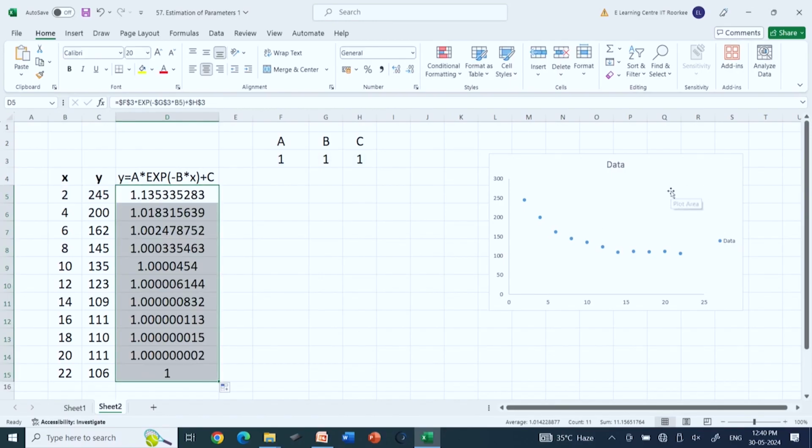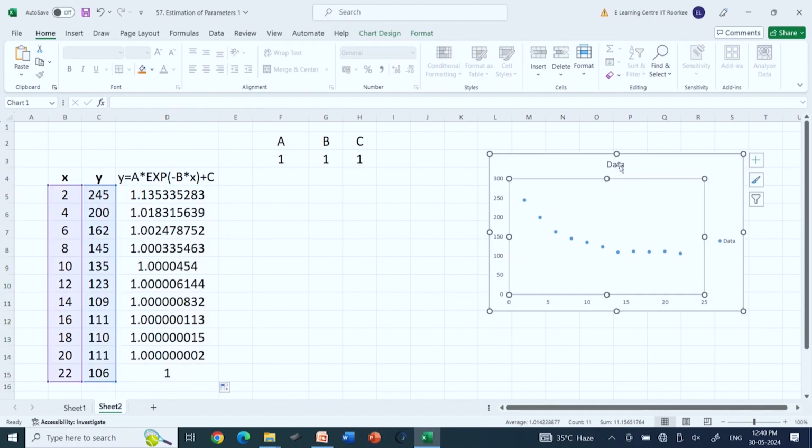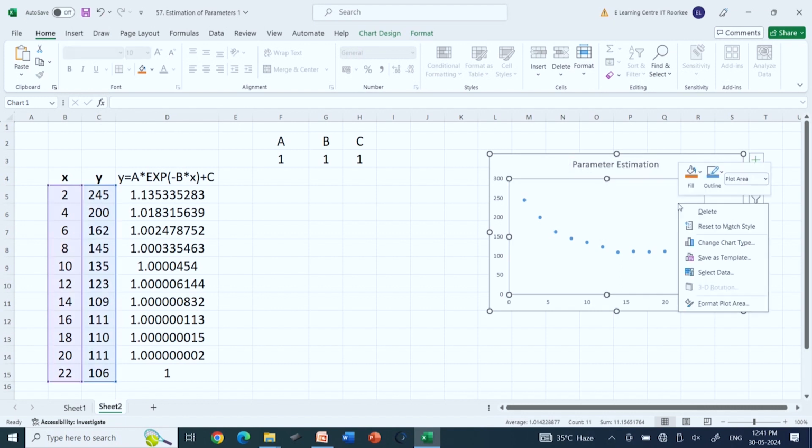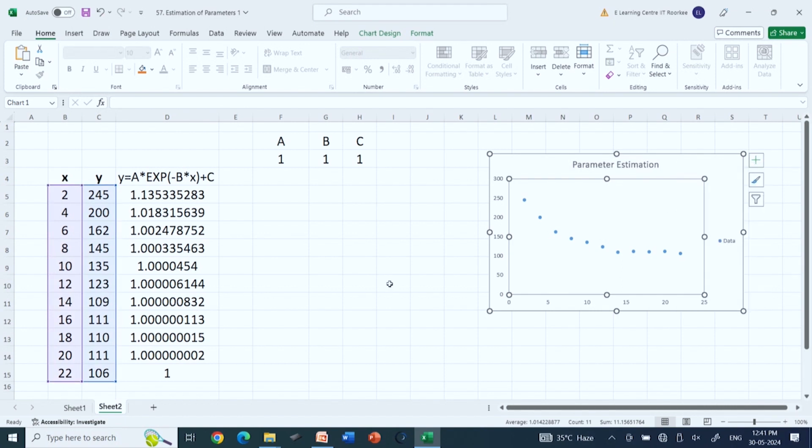Okay. Next, I can change this to parameter estimation. Okay, then you come here, give a right click. So, next I have to add these values here. There are two ways: either you just highlight all this and get the graph again, or you just right click and you will get select data.